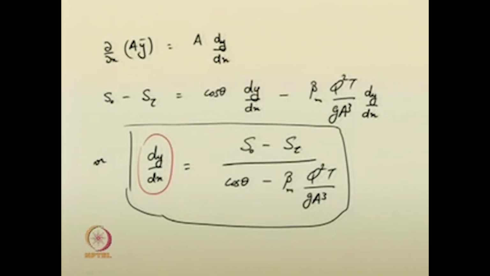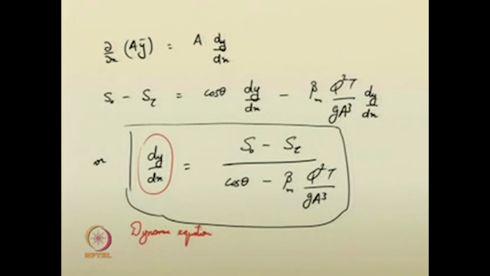This is the most fundamental equation in the gradually varied flow. So, if you have to solve any gradually varied flow problem, you have to solve this equation. It is also called the dynamic equation for gradually varied flow. Why is it called dynamic?